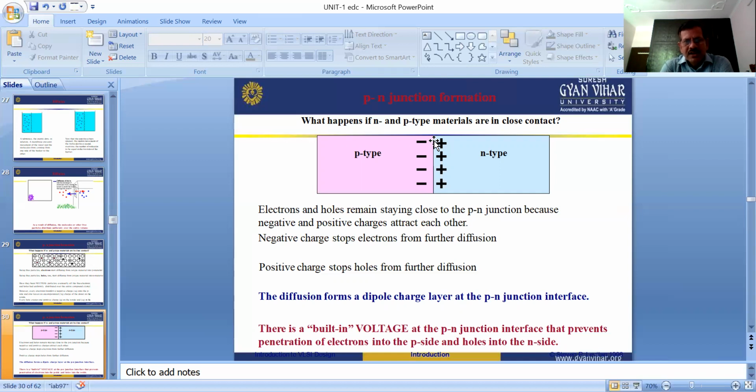We know that like charges repel each other, but here the charges are opposite, positive and negative, so there is attraction.